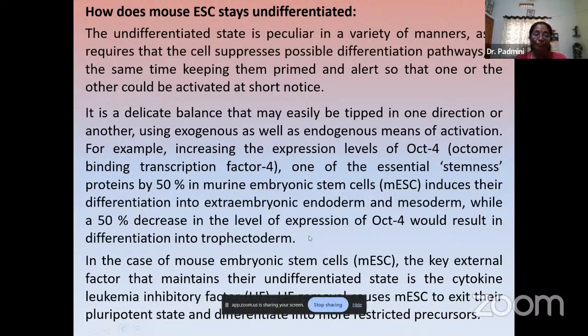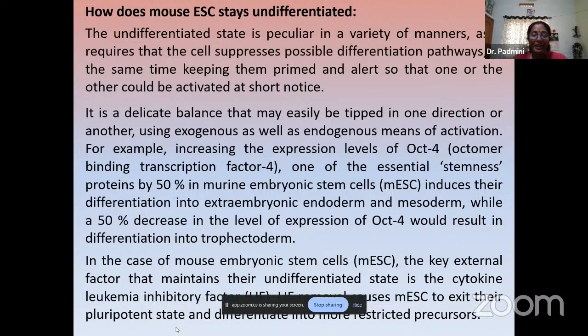So in the case of mouse embryonic stem cells, the key external factor that maintains their undifferentiated state is the cytokine leukemia inhibitory factor. So what is the one that is going to control this? It is the cytokine leukemia inhibitory factor, that is LIF.